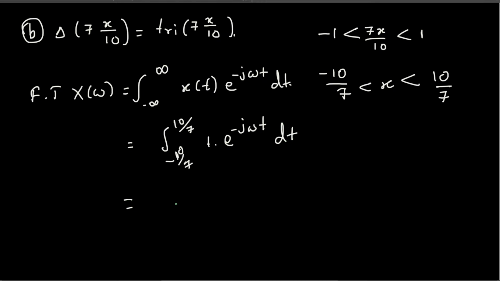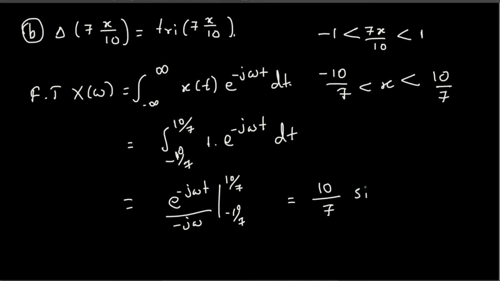If you integrate this, it is e to the power minus j omega t divided by minus j omega, with the range negative 10 by 7 to 10 by 7, and that is equivalent to 10 over 7 sine of omega times 10 over 7.